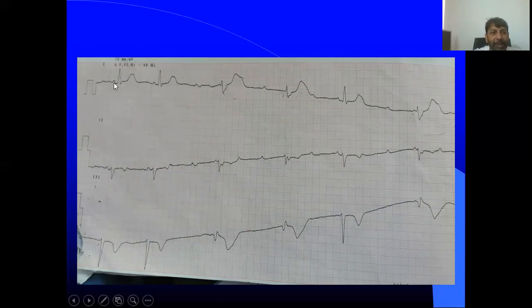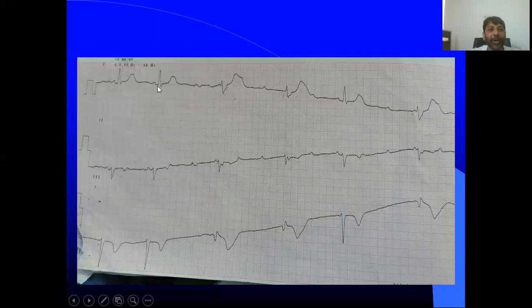Just follow what's happening with the P. If you carefully look at the T of the first QRS, you will find a double hump, isn't it? Try to match it with your preceding and succeeding P. You will find that this one is also P. The second hump of the T is actually a P, which isn't clear because it's within T.